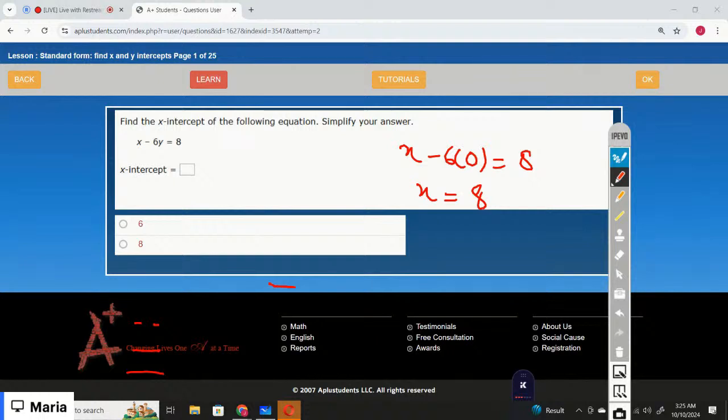The important thing here is whenever you have to find the x-intercept, you put y equals 0 in the equation. That is x equals 8, right?